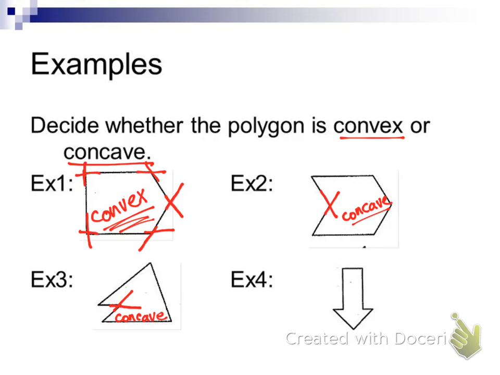And number 4? Concave, good. Try to trick you. So the only one that's convex is number 1. The rest are concave. Any questions on these?